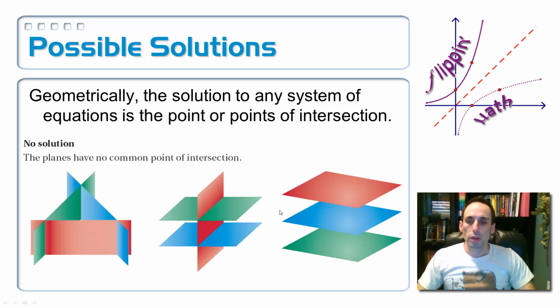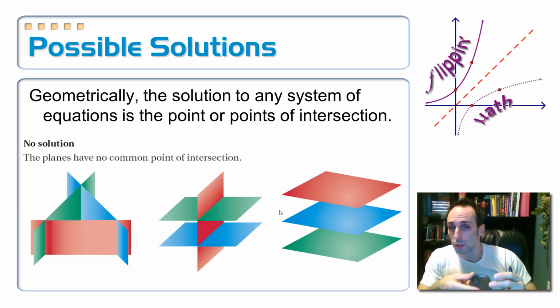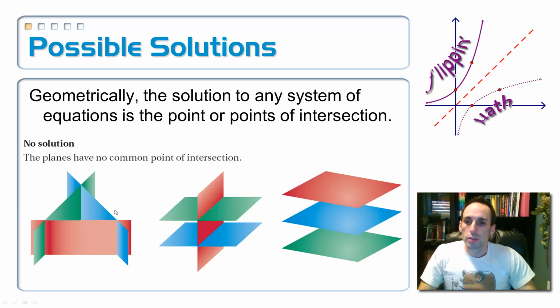Okay, so here are some possibilities for no solutions. Well, no solution means that all three of them do not have anything in common. Maybe two of them at a time do, but not all three of them. So in this first picture, any two of them share a line, but all three of them share nothing. Same thing with this one right here in the middle. The green plane and the red plane, they share a line.